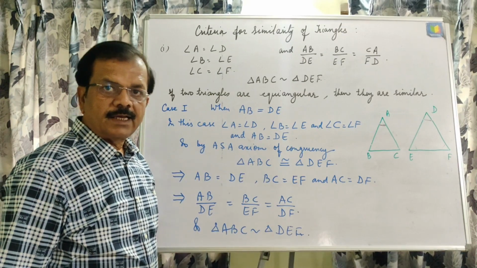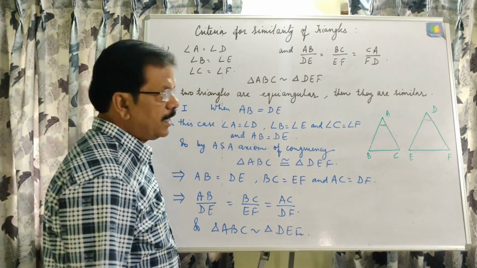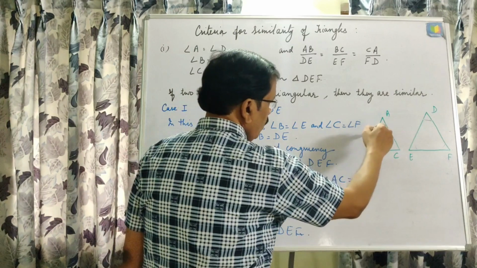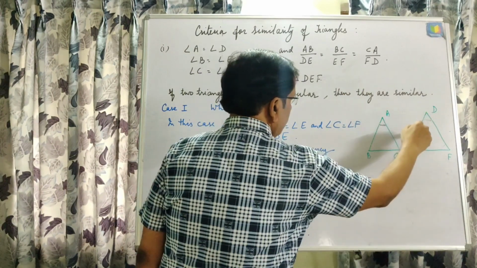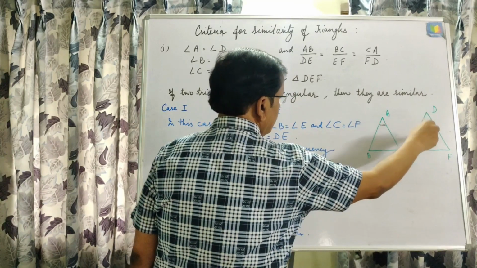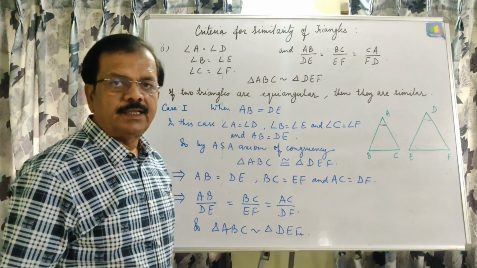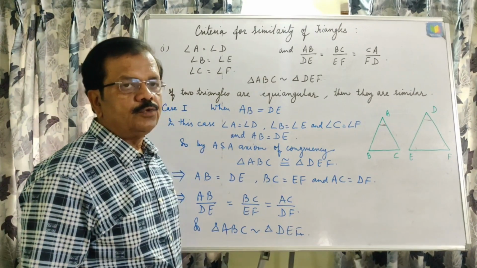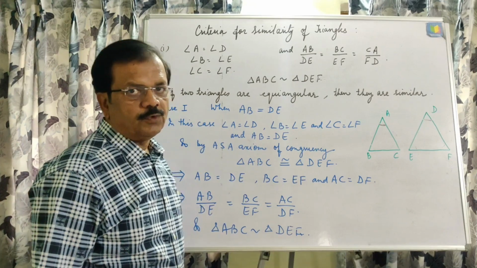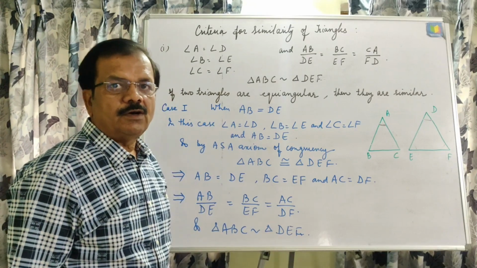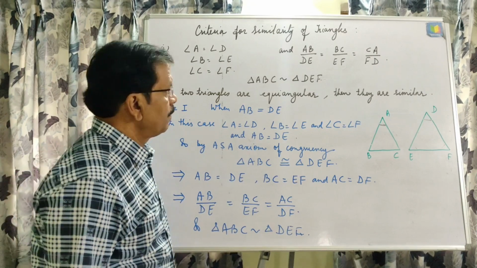Then triangles are similar. Or second condition, that is second criteria of this, ratio of their corresponding sides are equal. AB upon DE is equal to AC upon DF is equal to BC upon EF. Then also we can say that two triangles are similar. For more details, you can see my video on similarity of triangles, ICSE class 10.